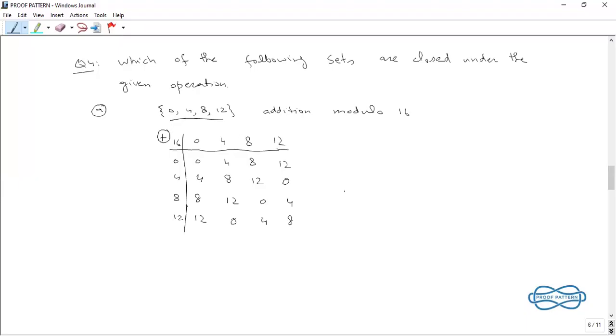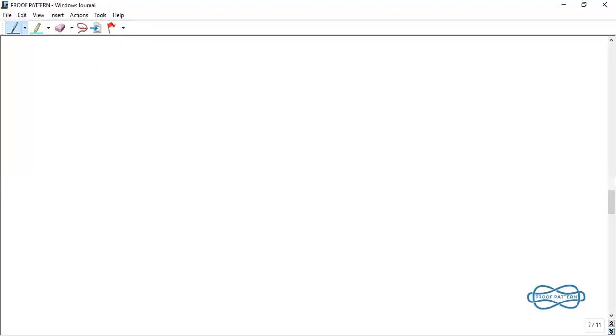So this set is closed. We can draw the conclusion that the set is closed under addition modulo 16. Okay. Part B.